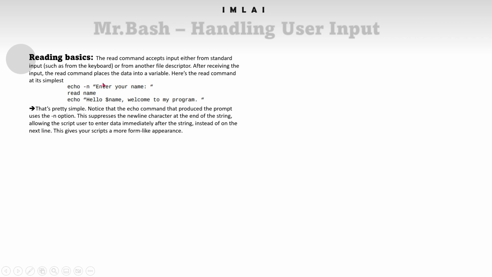This suppresses the newline character at the end of the string, allowing the script user to enter data immediately after the string instead of on the next line. So this gives your scripts a more form-like appearance. This echo is where it collects the data, and then read name will read it and print it like this.